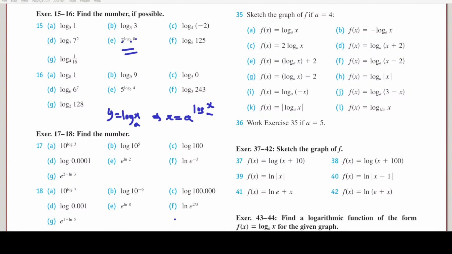So what does that mean? If 2 power something is actually equal to 5, let's say. So what does that mean? Log 5 to the base 2 is that number. This is log x, no?